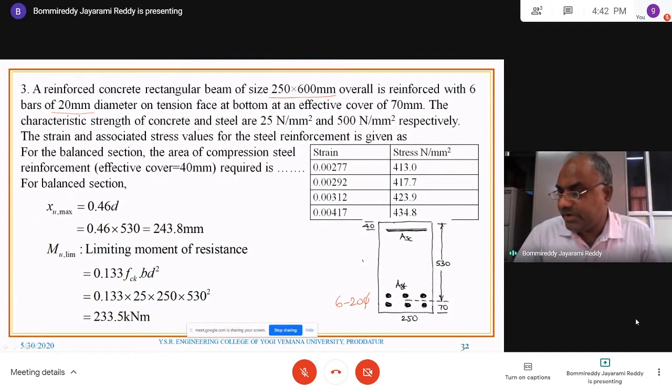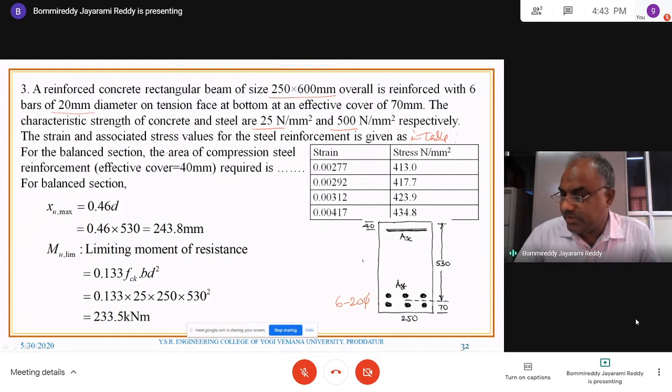The characteristic strength of concrete and steel are 25 and 500 respectively. The strain and associated stress values for the steel reinforcement are given as in the table below. Okay. So strain values and associated stress values.